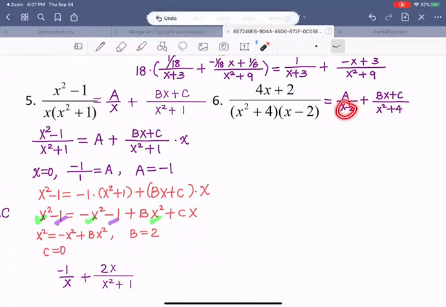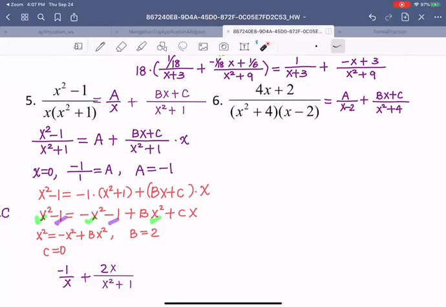You cannot put ax plus c over here. That's wrong. Look, only this guy squared has the x. This guy to the power 1 is a constant. Okay. Go ahead.